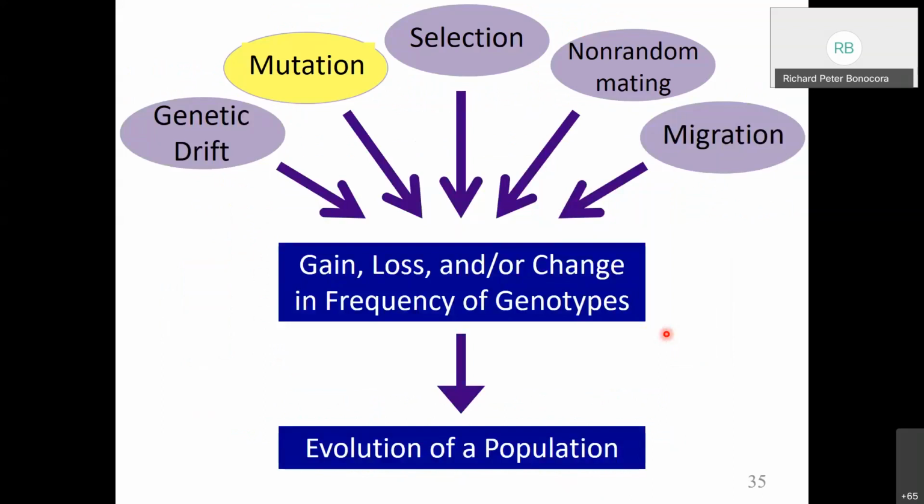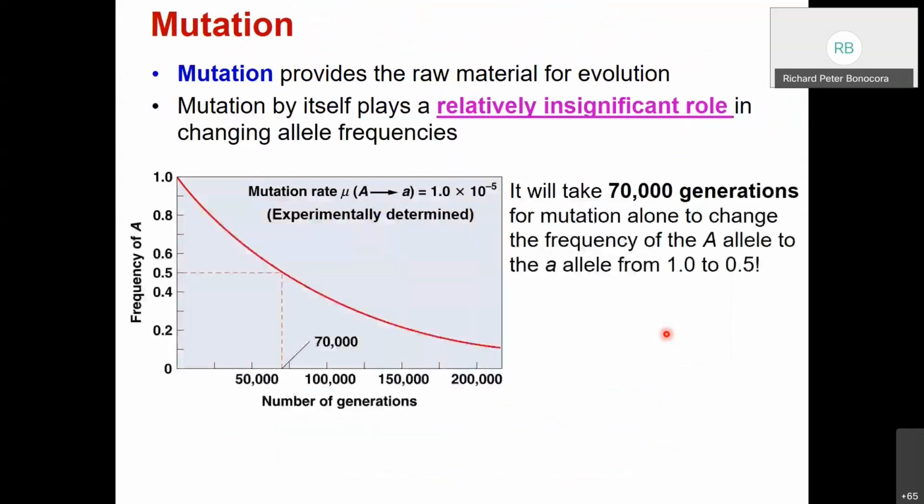All right. So now the next feature to talk about is mutation. We've talked about mutation, and mutation provides the raw material for evolution, but it actually plays a very small, insignificant role in changing allele frequencies.